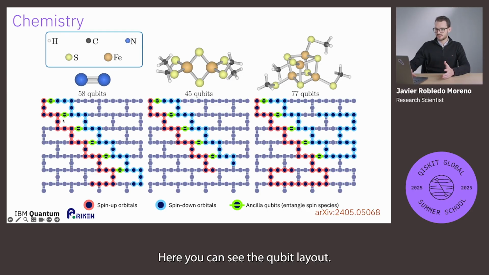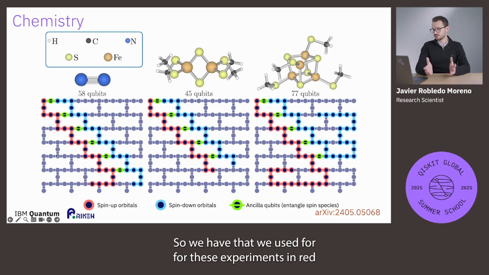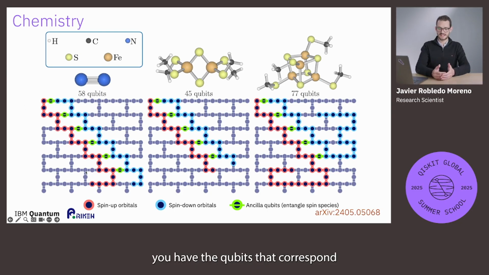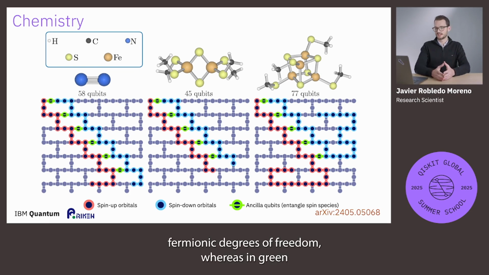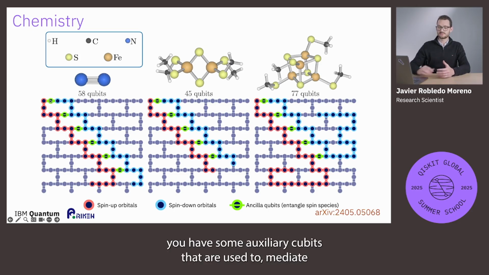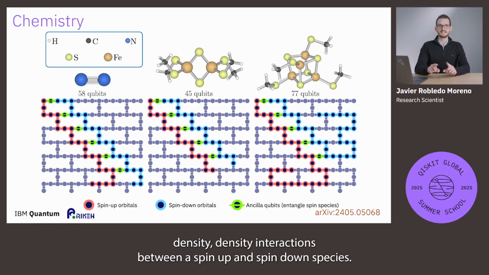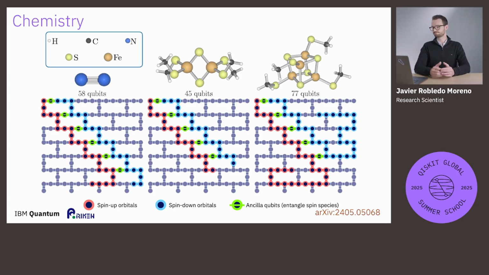Here you can see the qubit layouts that we used for these experiments. In red, you have the qubits that correspond to the spin-up orbitals. In blue, you have the qubits that correspond to the spin-down fermionic degrees of freedom, whereas in green, you have some auxiliary qubits that are used to mediate density-density interactions between the spin-up and spin-down species.